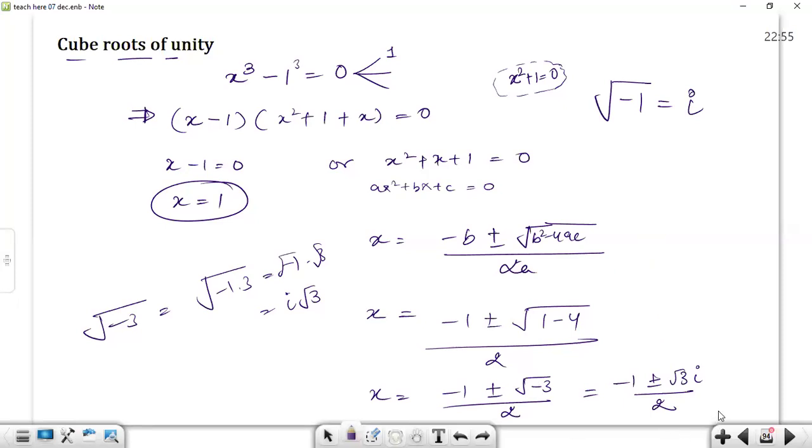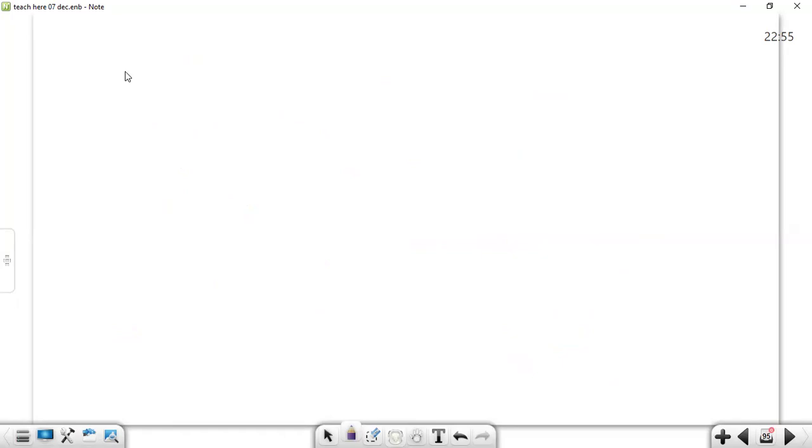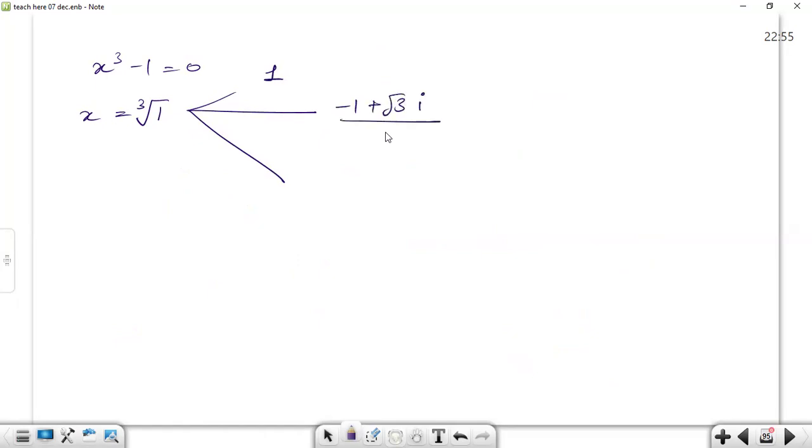The original equation was the one where we were finding the cube roots of 1. So one value of x is 1, another value is minus 1 plus root 3 iota divided by 2, and the other is minus 1 minus root 3 iota divided by 2. Now this is one solution, this is another, this is the other.